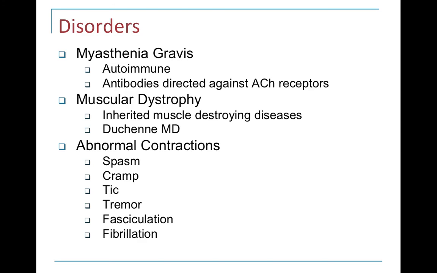Now, as far as disorders of the muscular system, we have myasthenia gravis, muscular dystrophy, and then we have some abnormal contractions that will occur as well. So, myasthenia gravis is an autoimmune disorder that's characterized by great muscular weakness, and it's caused by antibodies directed against the acetylcholine receptors at the neuromuscular junction.